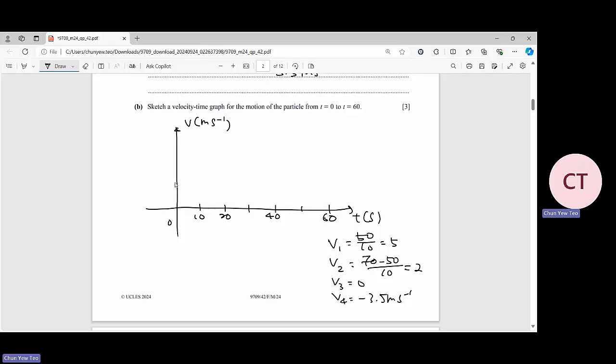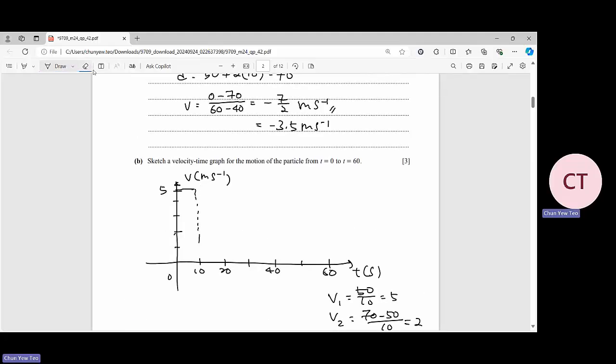Okay, so we need to draw this one: 1, 2, 3, 4, 5. At first it's 5. The line over here is 5.